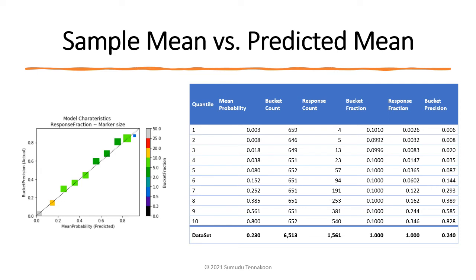So in this example, we had a total of 6,513 samples in our testing data set. We predicted their probabilities; this is coming from the income data set. We worked on this example during the class. Out of those 6,513 samples, we can divide them into 10 even buckets.